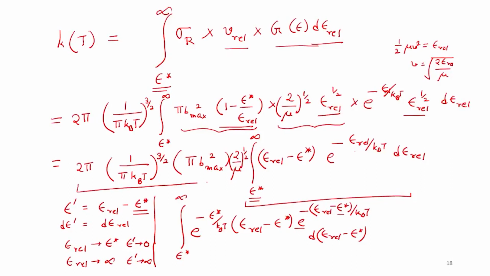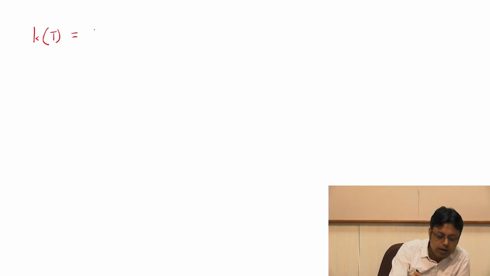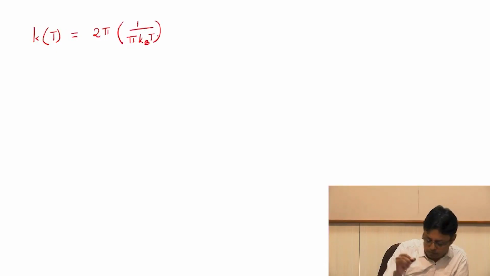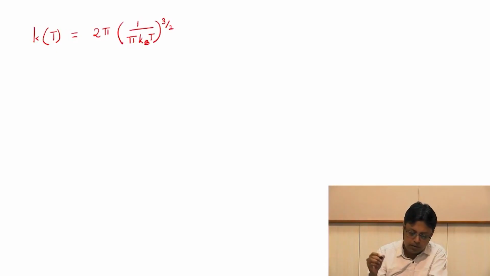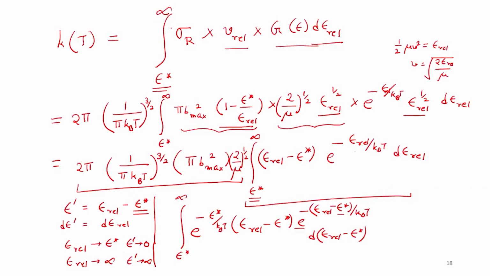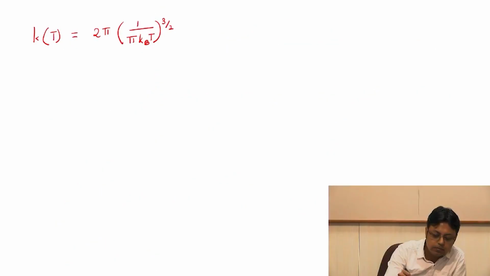will be nothing but, let us first write the constant, all these constants. So it will be 2 pi times 1 by pi kBT raised to the power 3 by 2. Then I have pi b max squared times 2 by mu, square root of that.